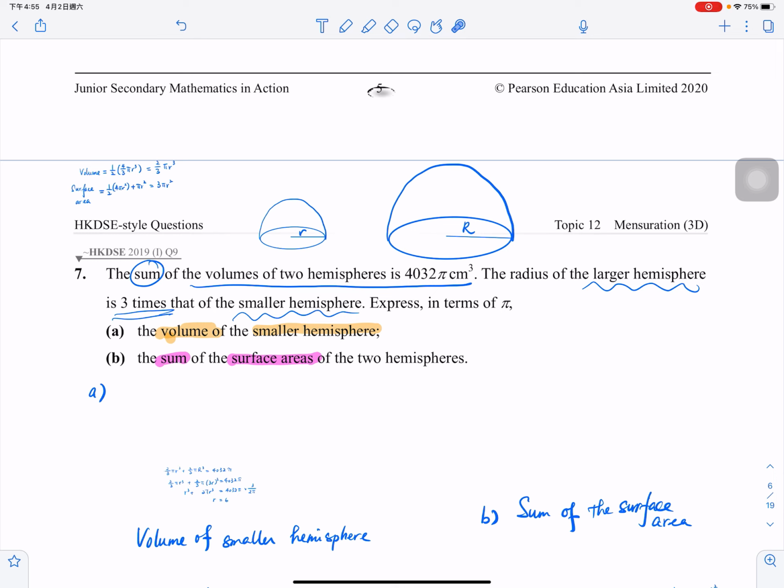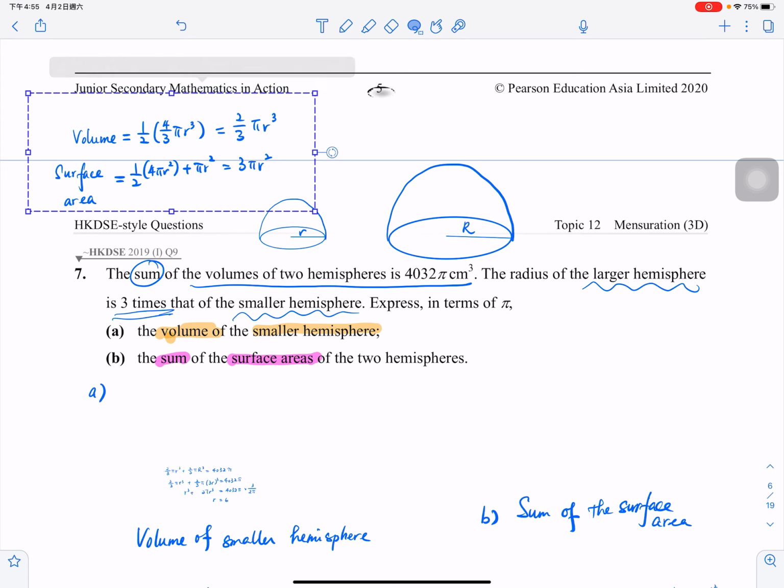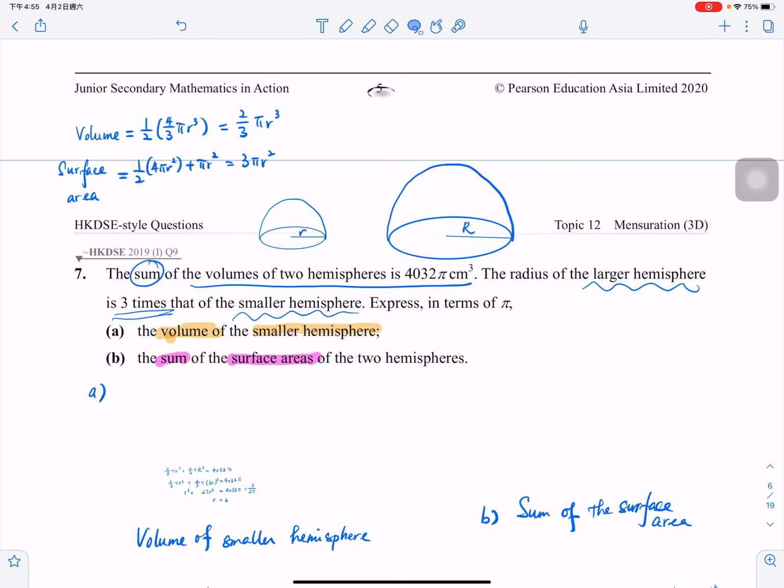So in this question about the volume and also the surface area, do you remember the volume and the surface area formulas? Okay, I give you 3 seconds. Time's up. Okay, so let's see. Here is the volume and the surface area.